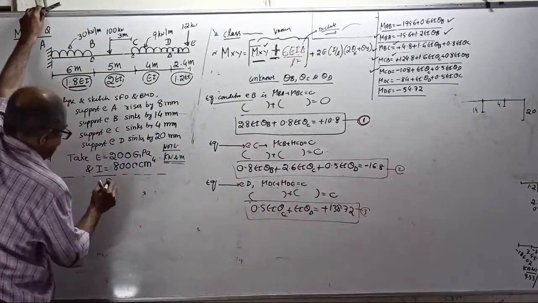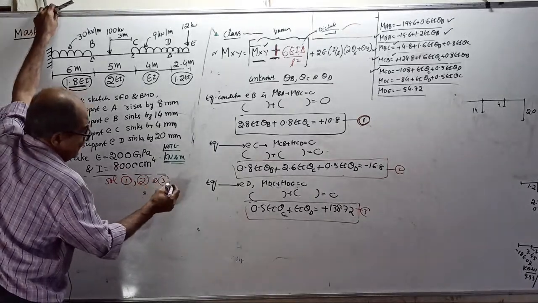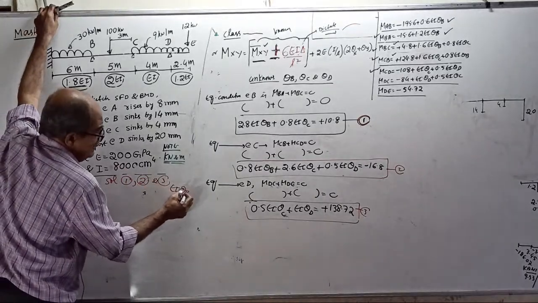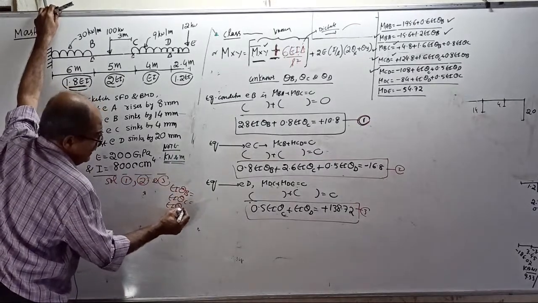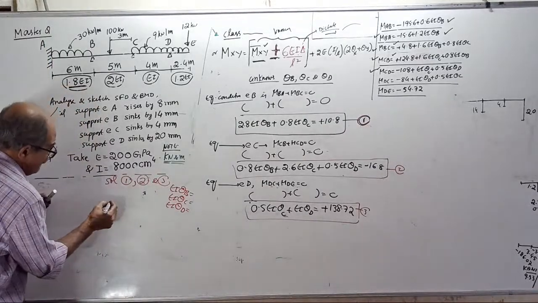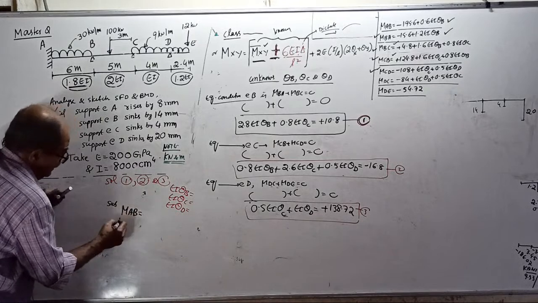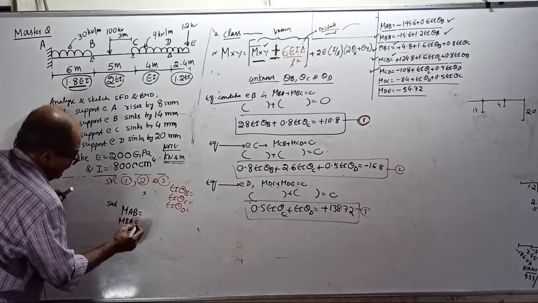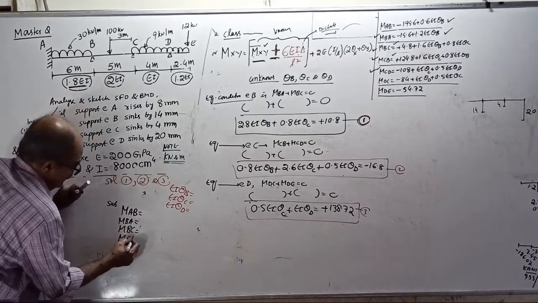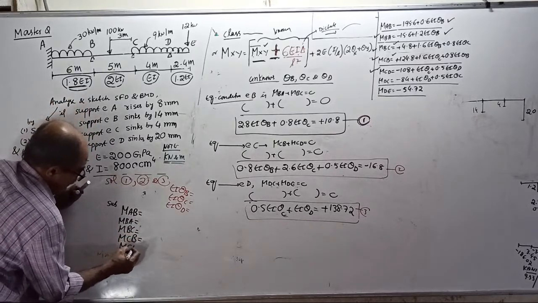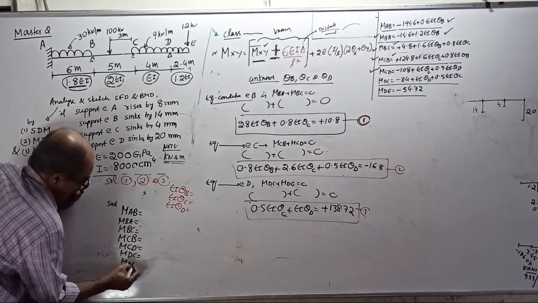Solving equation 1, 2 and 3, tell me EI theta B, EI theta C and EI theta D. And then substituting, calculate MAB, MBA, MBC, MCB, MCD, MDC and MDE.